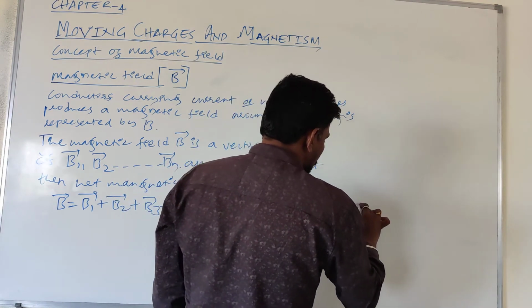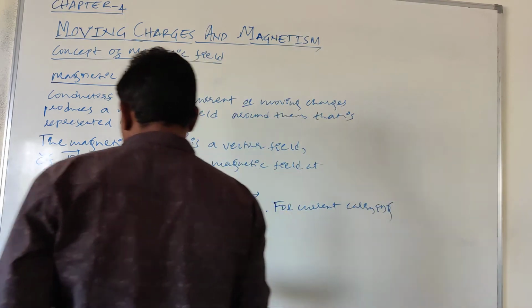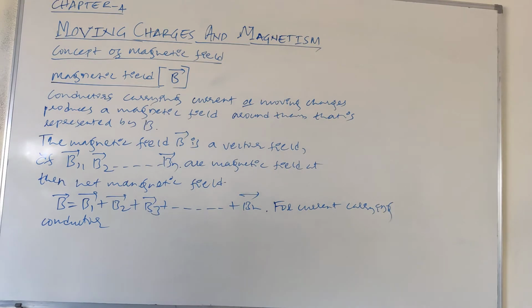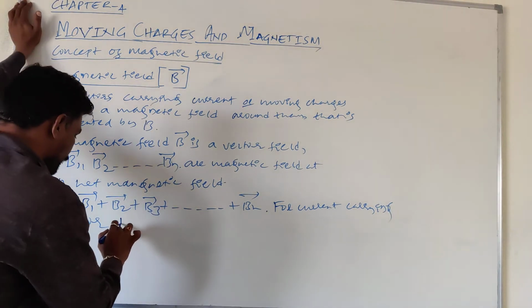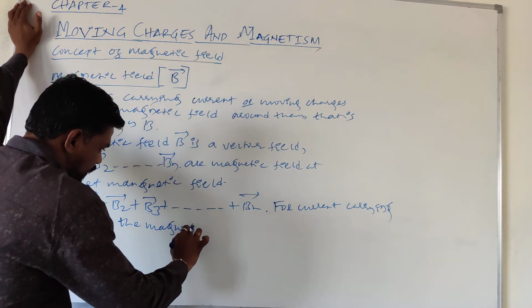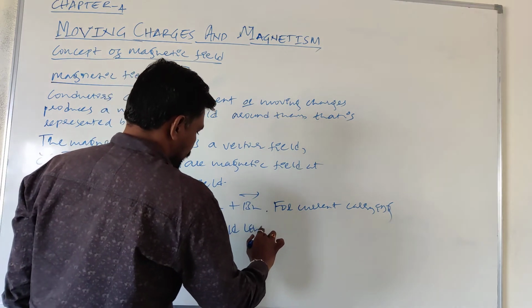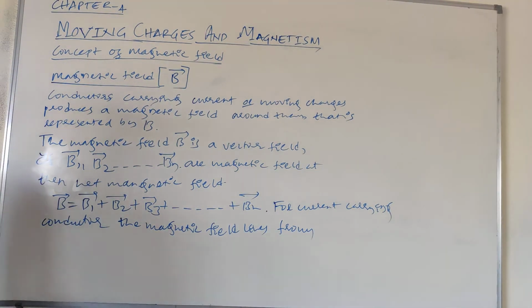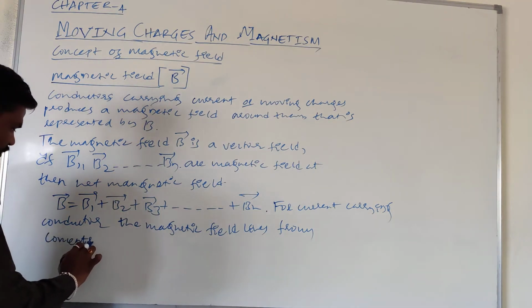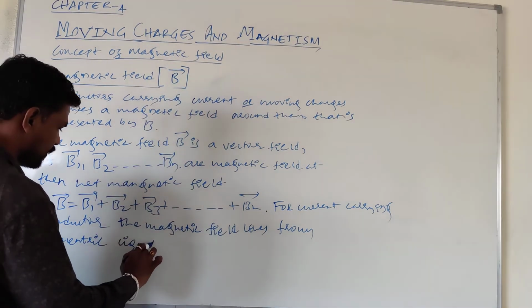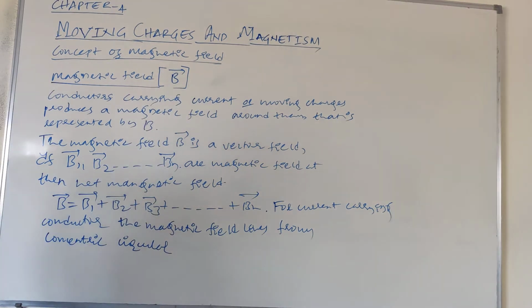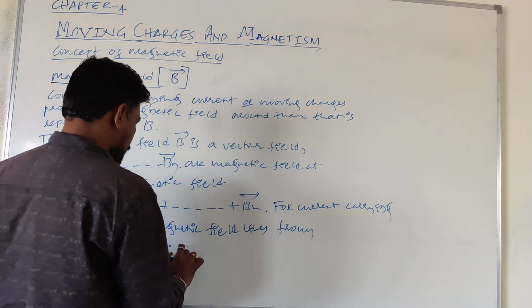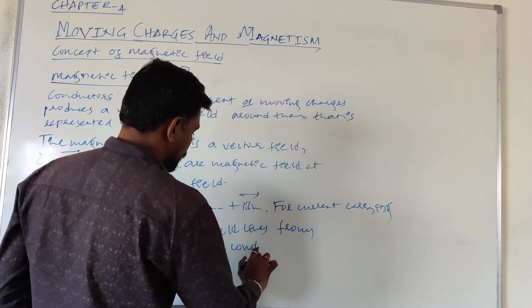For a current carrying conductor, the magnetic field lines form concentric circles around the conductor.